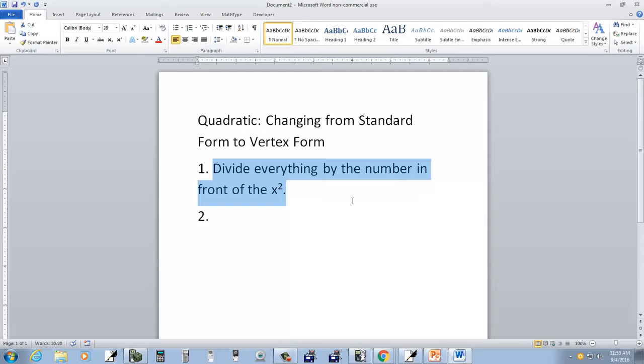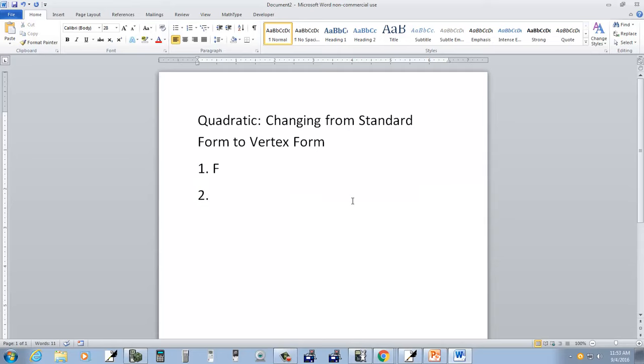Completing the square. Let me think about this for a minute. Step 1, group the terms with x's together and the number by itself.